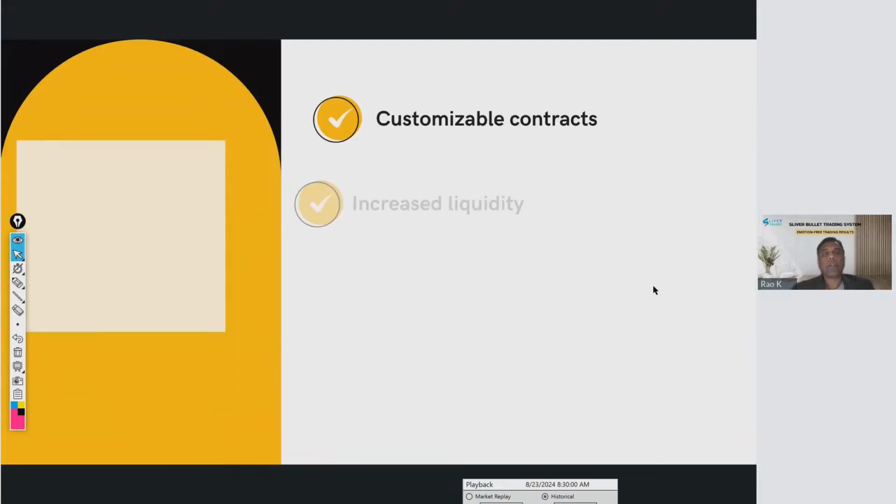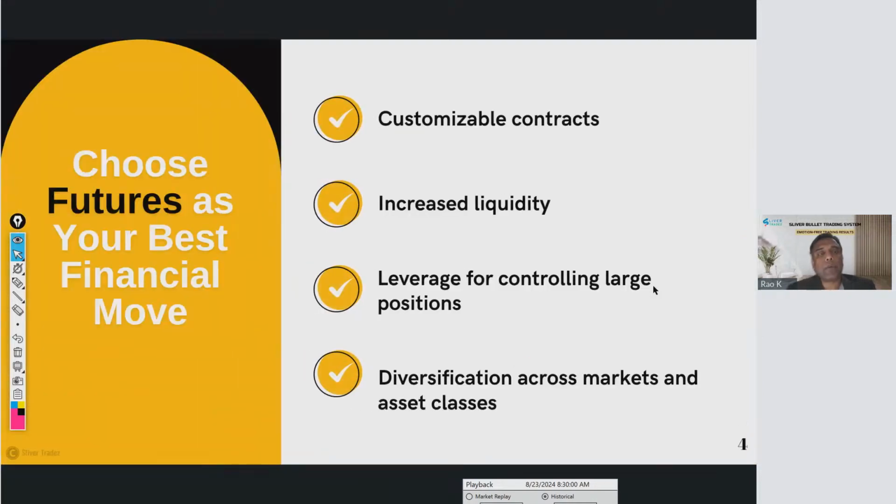Here we use futures as our financial vehicle, and we like to trade futures because futures contracts are traded 23 hours a day. A person who is busy in the daytime can trade in the evening.